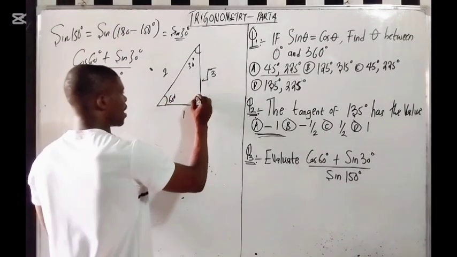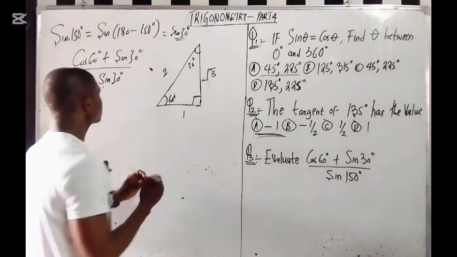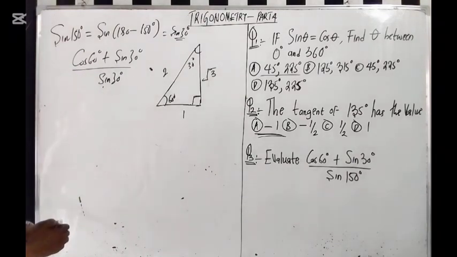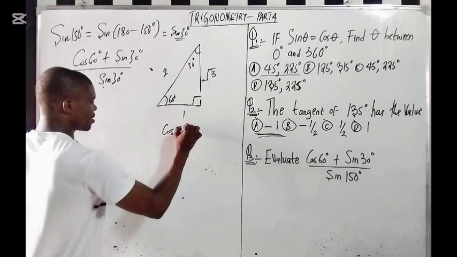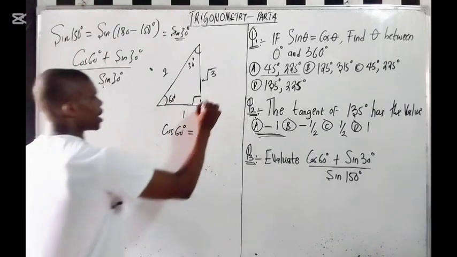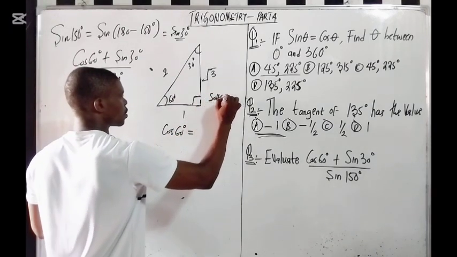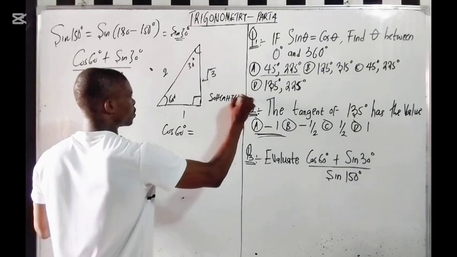Here we have angle 90. So now let's get cos 60 degrees. Remember, we are using SOHCAHTOA.